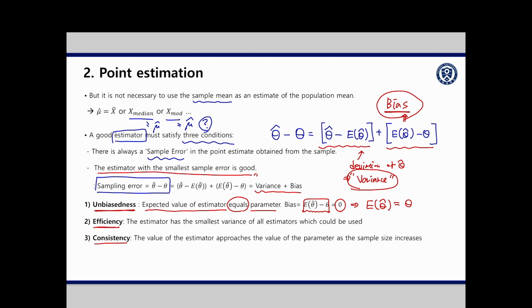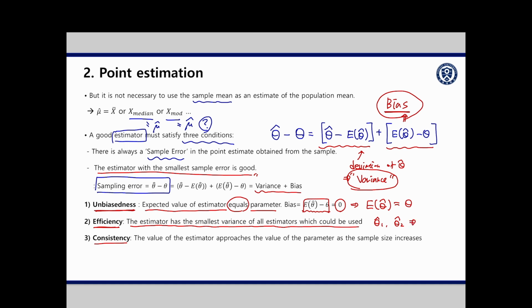Efficiency means the estimator has the smallest variance of all estimators which could be used. That is, assume that there are two estimators, theta hat 1 and theta hat 2.